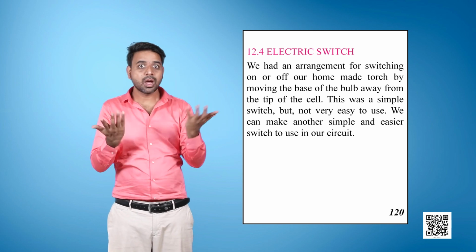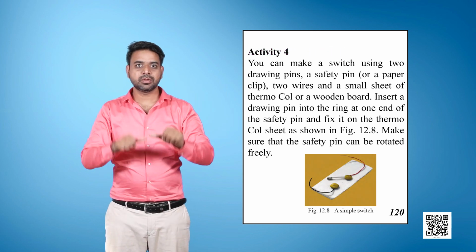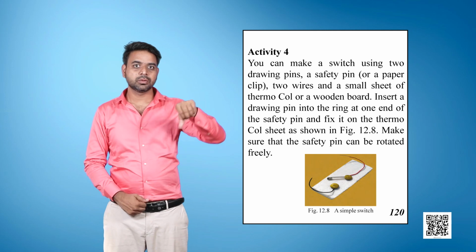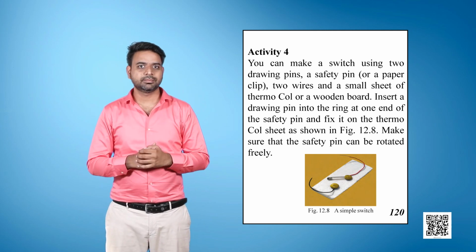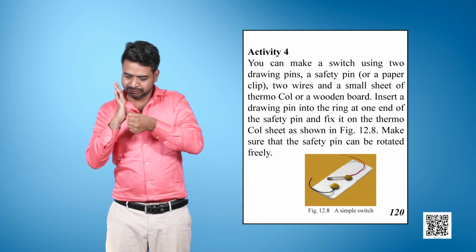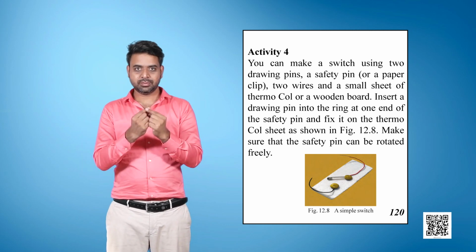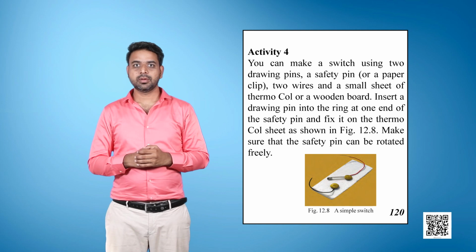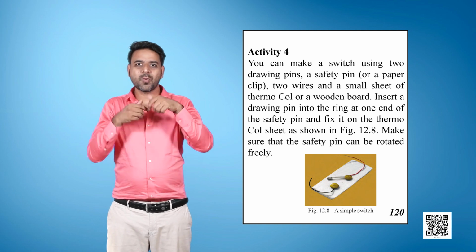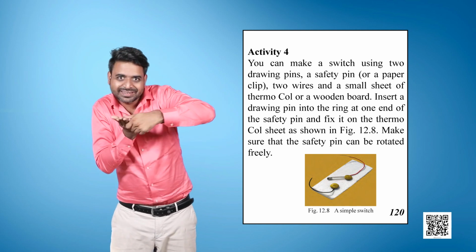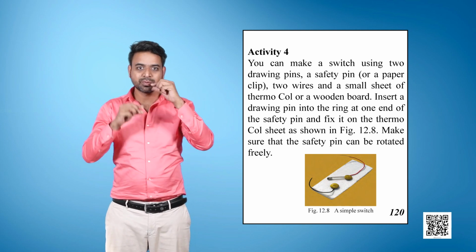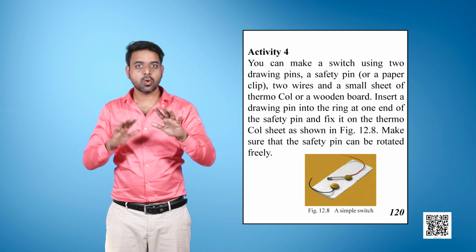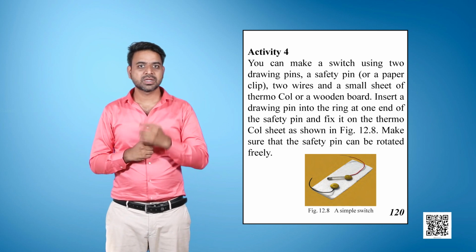Activity 4. You can make a switch using two drawing pins, a safety pin or a paper clip, two wires and a small sheet of thermocol or a wooden board.